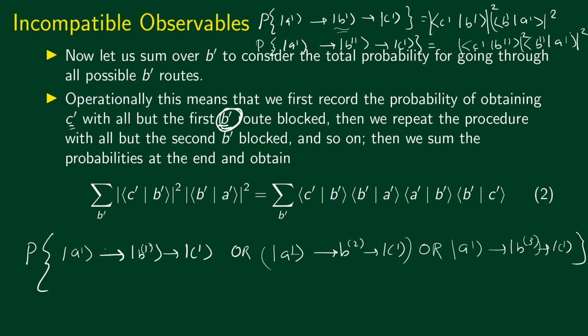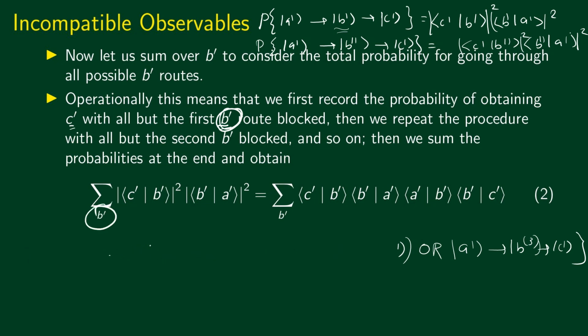So this is P of X or Y or Z, etc., as many routes that are available. So you have to add all these probabilities. You take one of these probabilities and add all such probabilities. You add the probability for reaching ket C prime through each of these routes. So that's what I mean by putting a summation over B prime here.